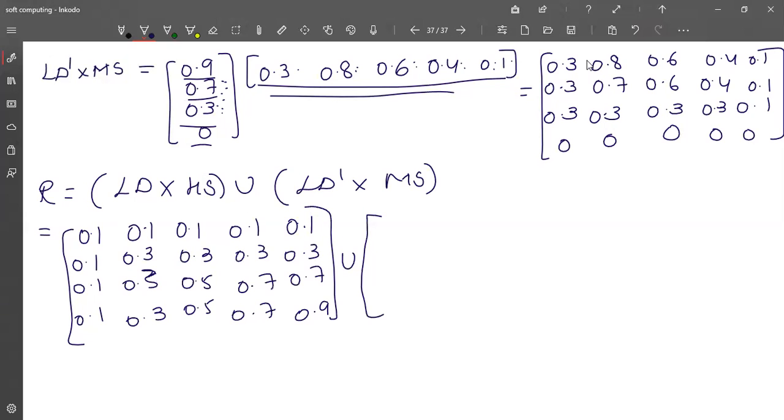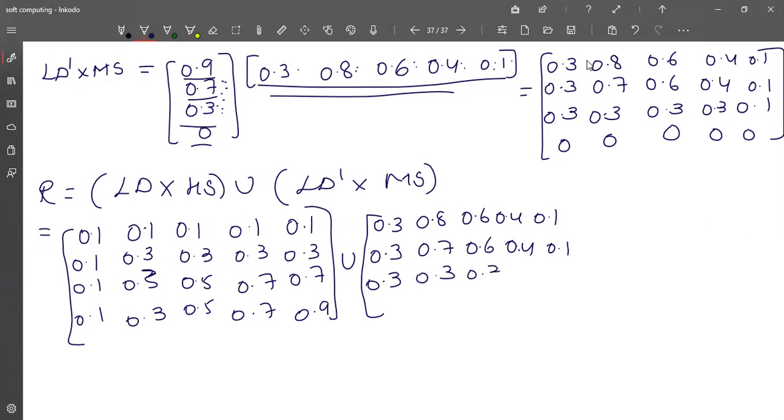This union the second matrix, with rows 0.3 0.8 0.6 0.4 0.1; 0.3 0.7 0.6 0.4 0.1; 0.3 0.3 0.3 0.3 0.1; 0 0 0 0 0.